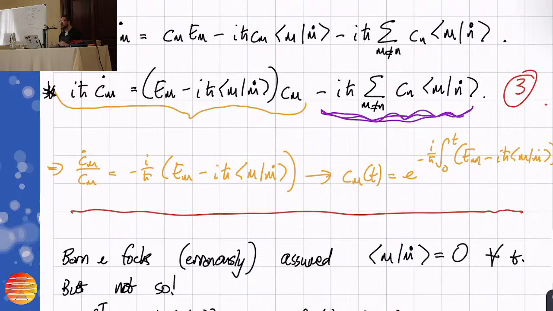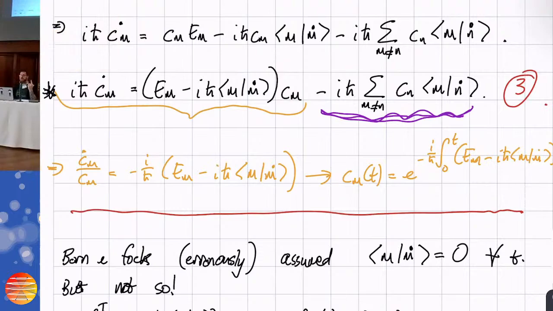Then if that last term is negligible, if I can neglect that term with the sum, then the differential equations will all be uncoupled. So if I start with my system in just one of the energy eigenstates, and then I do a time-dependent drive in such a way that that awkward sum is negligible, then the system will always stay in that eigenstate. This is the sort of intuition of the adiabatic theorem.